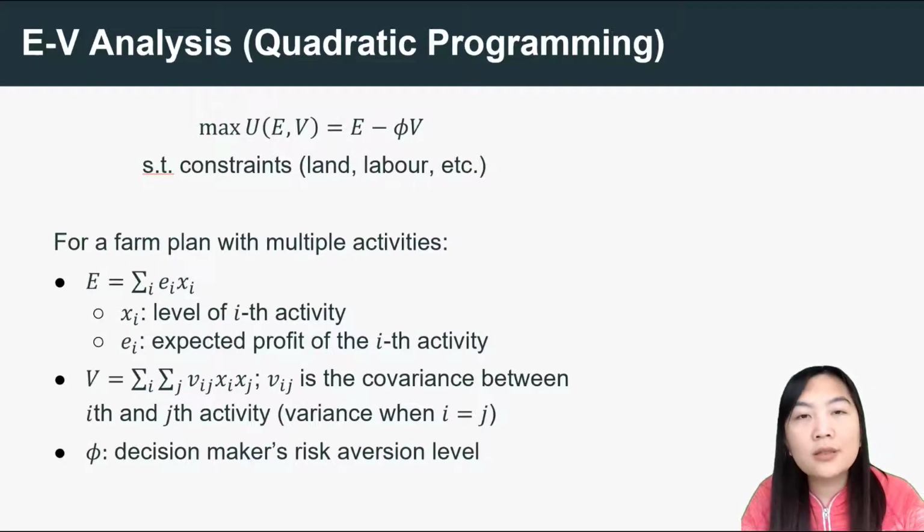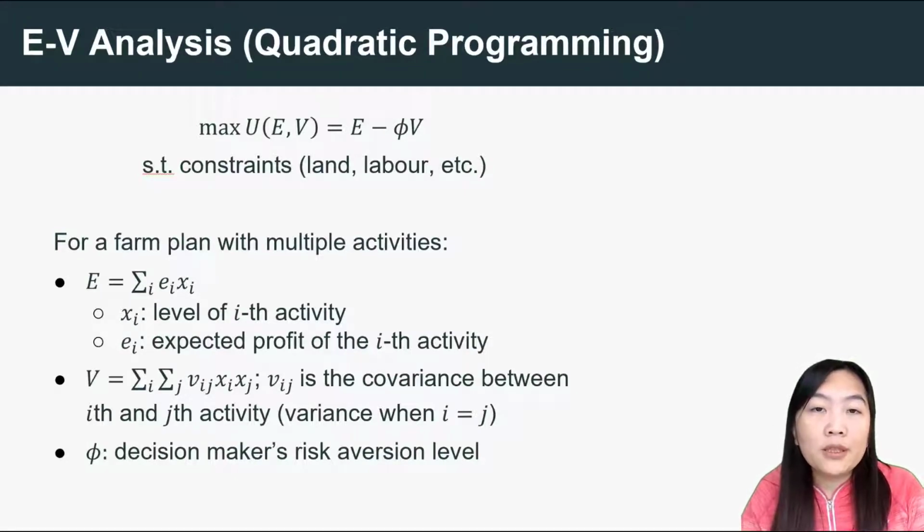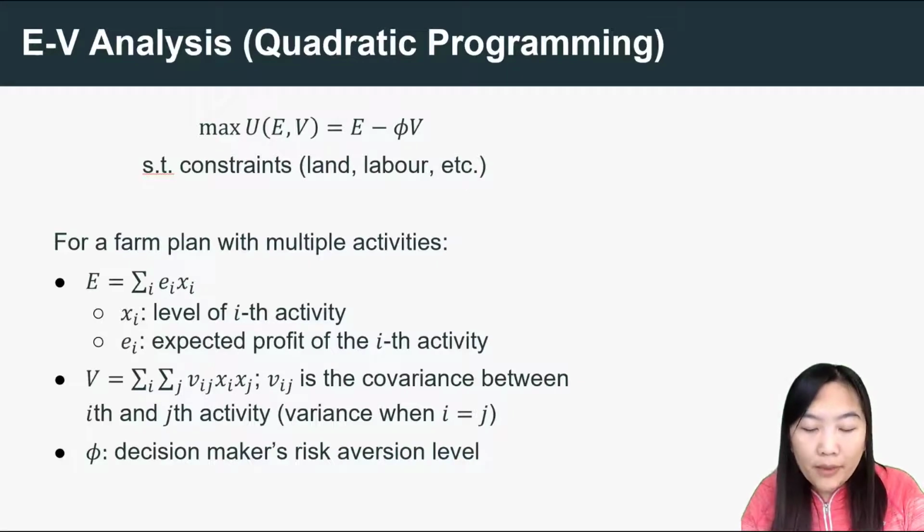This analysis is linked to the linear programming method that we have learned in previous lectures. However, here the objective function is a little different: it is expectation minus phi times V. V is the variance, and as we mentioned, variance is a measure of risk.